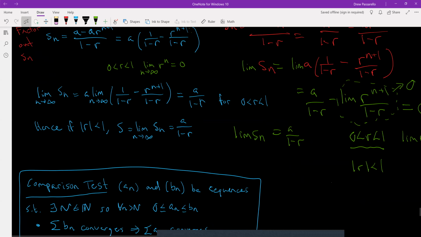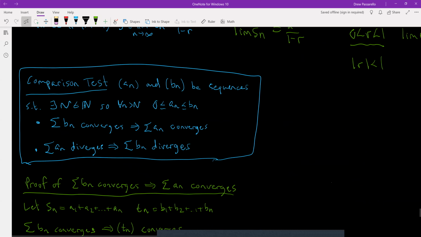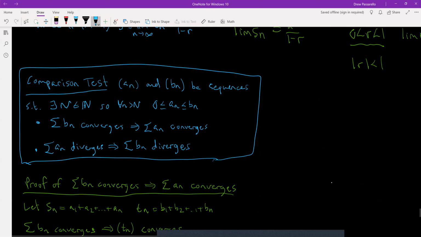The comparison test. Now if you recall from calculus, you can use the comparison test. For the comparison test, you have two sequences, an and bn. Then there exists some capital N so that for all little n bigger than capital N, we have 0 less than or equal to an, which is less than or equal to bn.